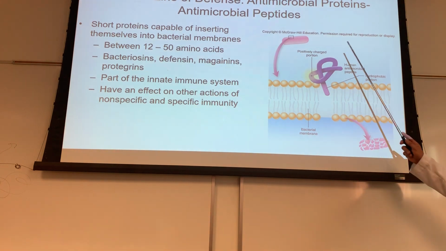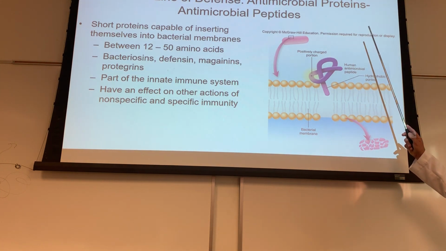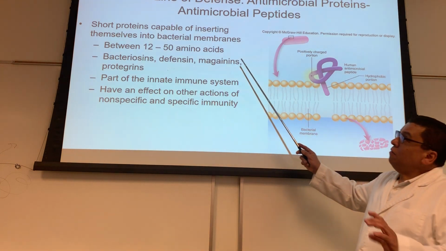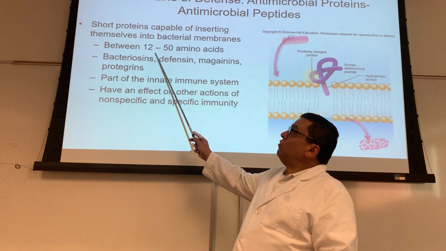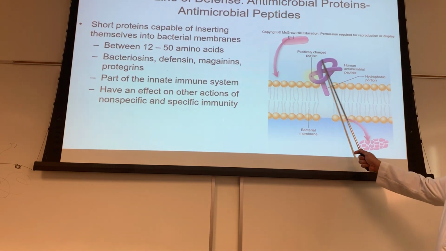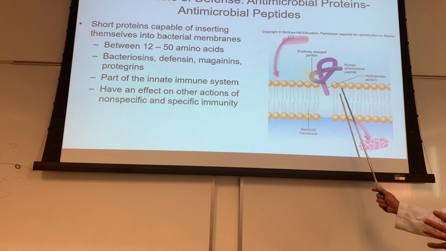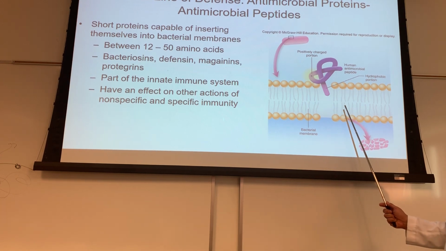Some of these are antimicrobial proteins. They're very small, technically more like peptides, 12 to 50 amino acids or so. They fit in the cell membrane of bacteria, and they disrupt it.